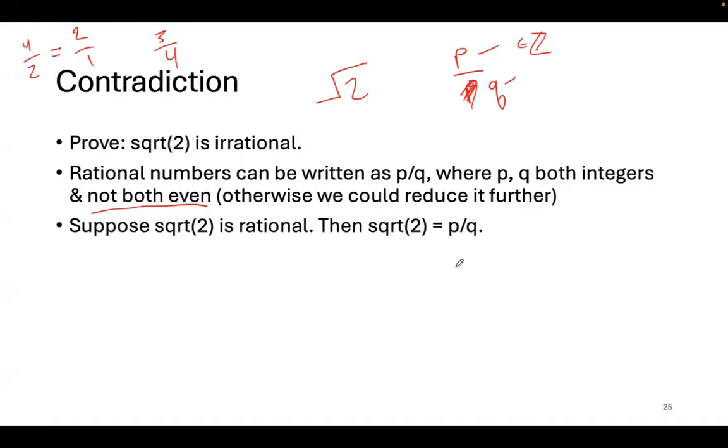So the contradiction step is to take our statement here and say, no, let's just assume that it is. Assume that it is, and then we can write square root of 2 is equal to P over Q. We can say there's some fraction of numbers that we can write square root of 2 as.